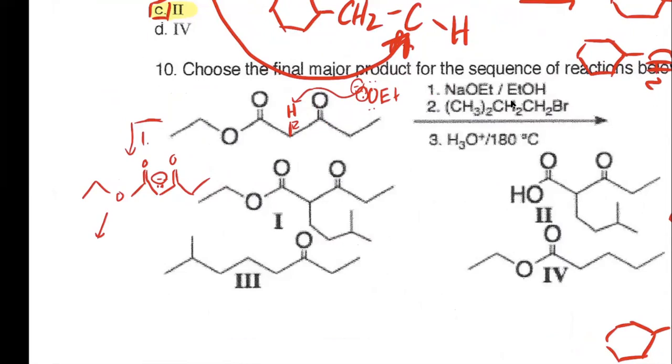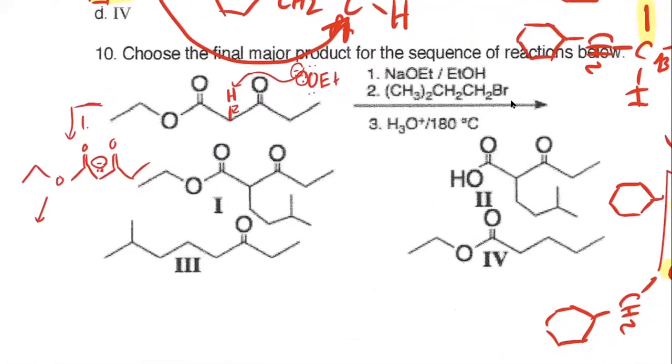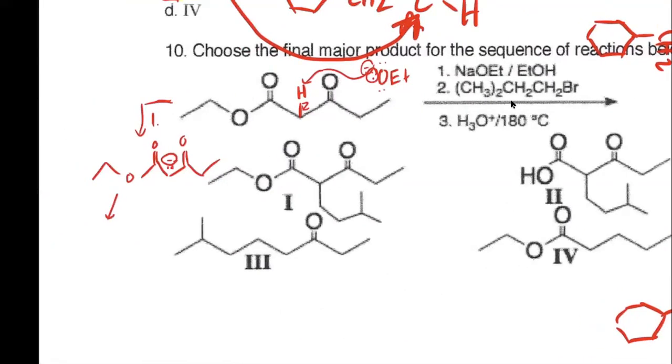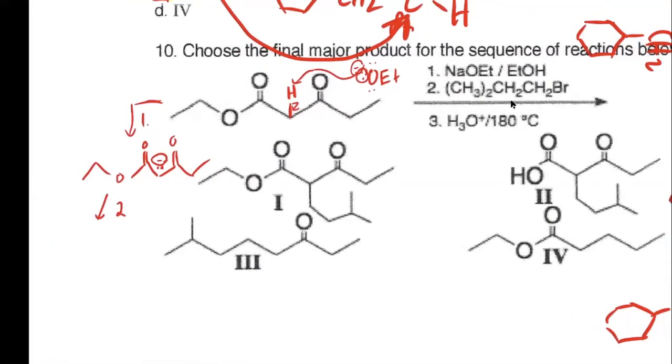All right. So then what we have is this CH3, CH2, CH2. So we have this alkyl bromide here. And so whenever you have an alkyl halide and you have a strong nucleophile, what's going to happen?